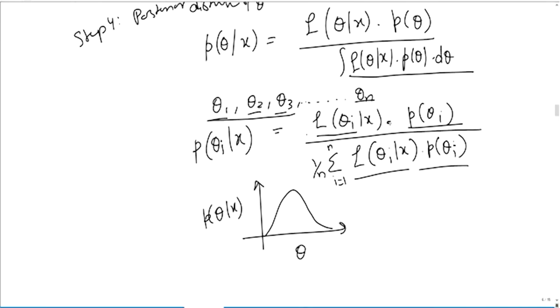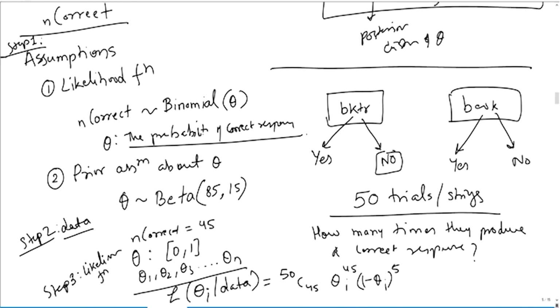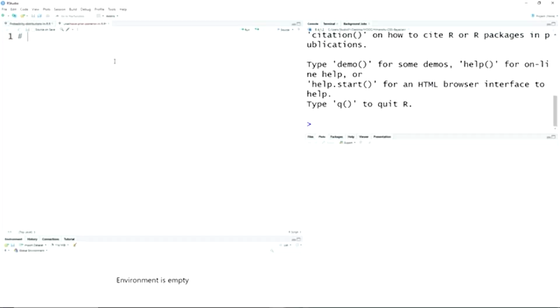Okay, let me show you how to do this in R. Can we do all this process in R for the same example? So what was our likelihood assumption? That the number of correct responses, let me call it x, comes from a binomial with underlying probability of correct response being theta.